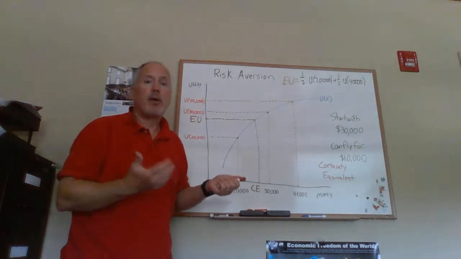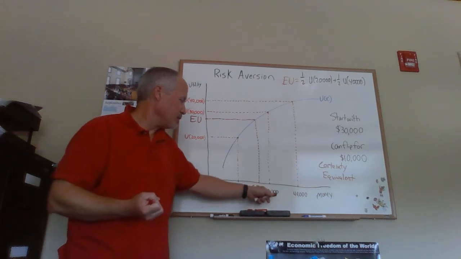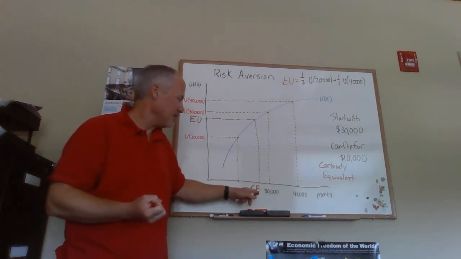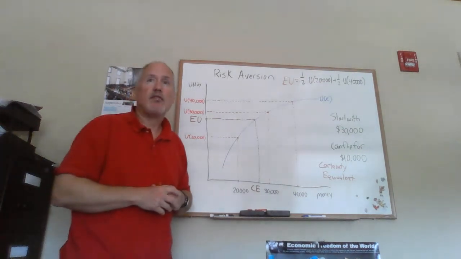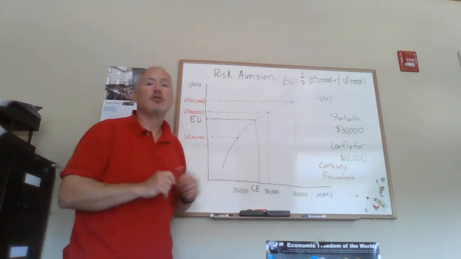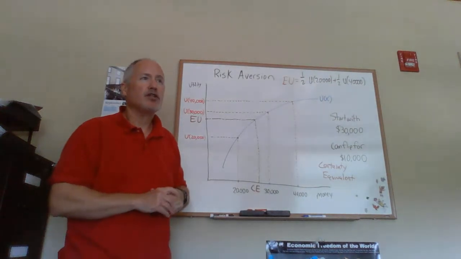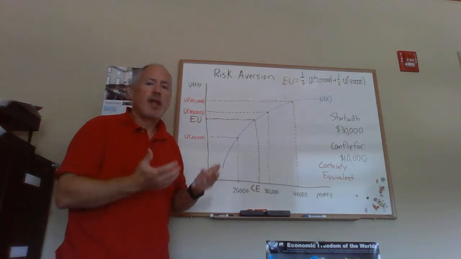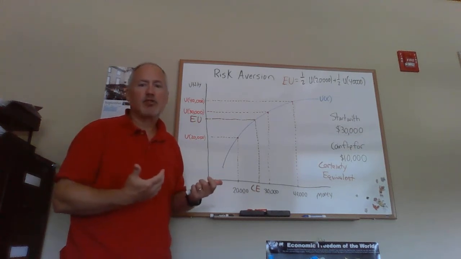You have to pay a premium, but if that premium is smaller than the difference between the expected value and the certainty equivalent, the person would be made better off, and they would voluntarily choose to buy insurance. So this is a utility of money function illustrating risk aversion, and that's how it is that insurance creates gains from trade in society.